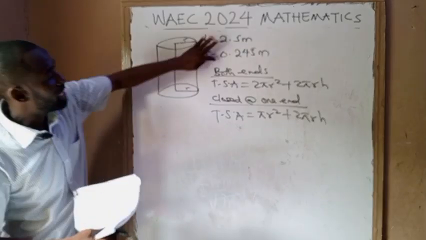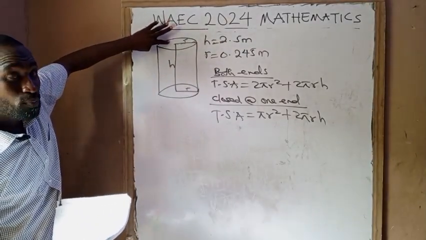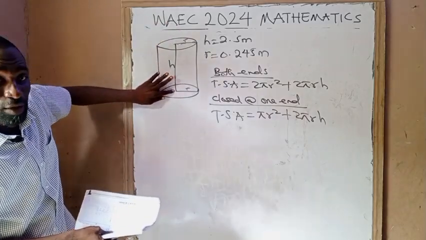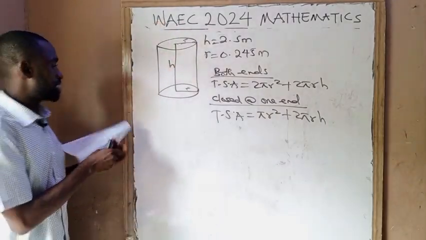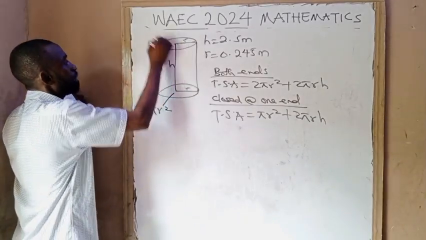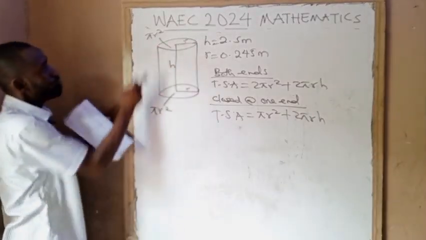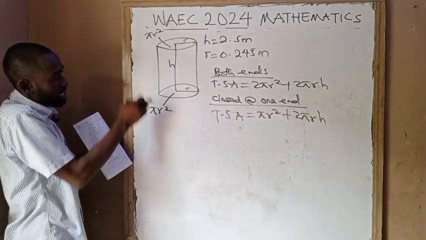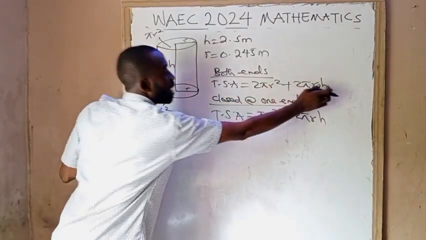If it's closed at both ends, we take the area of this circular base, pi r squared, plus the area of the circular top, pi r squared, plus the curved surface area, which is 2 pi r h.